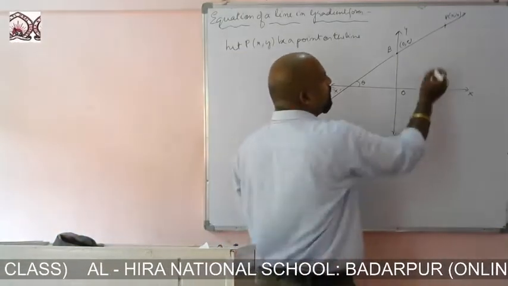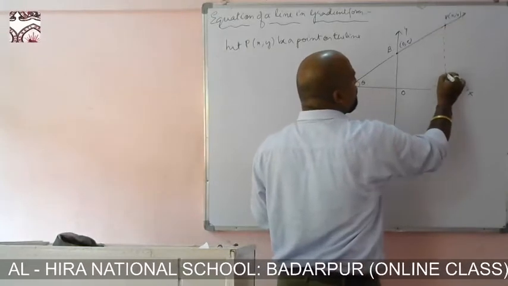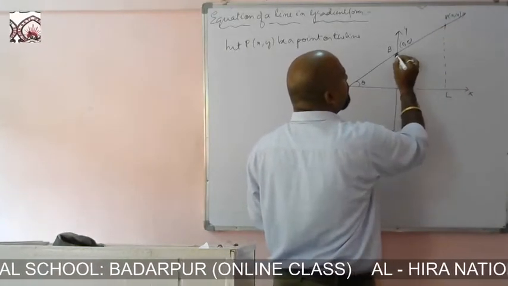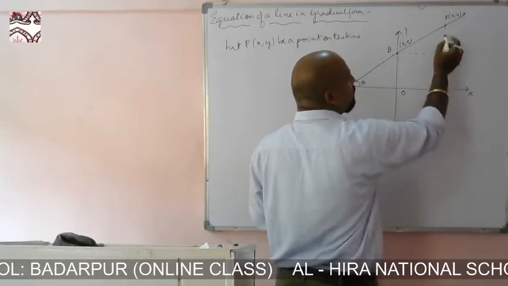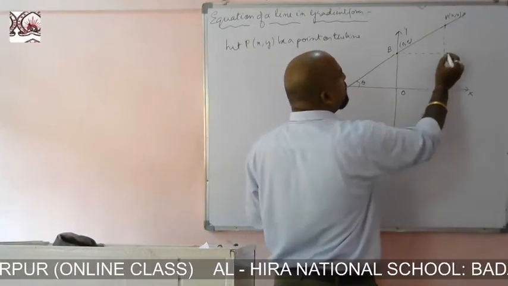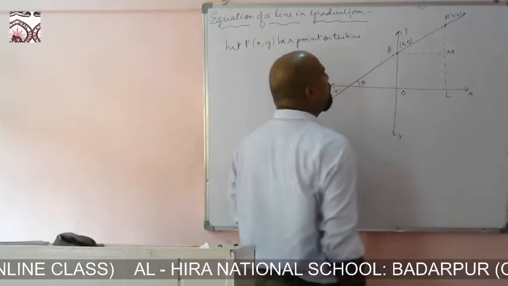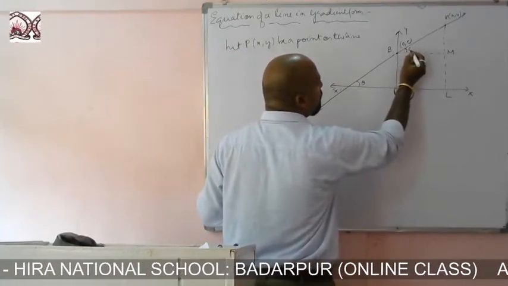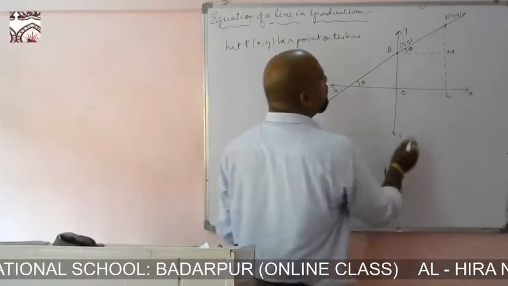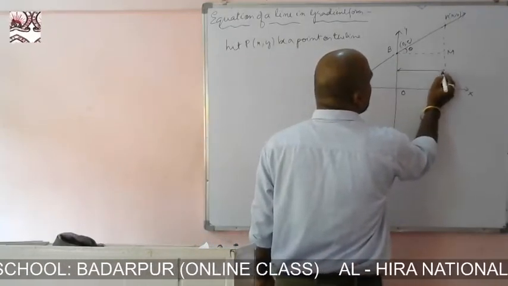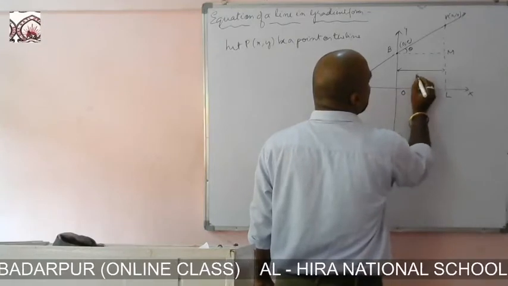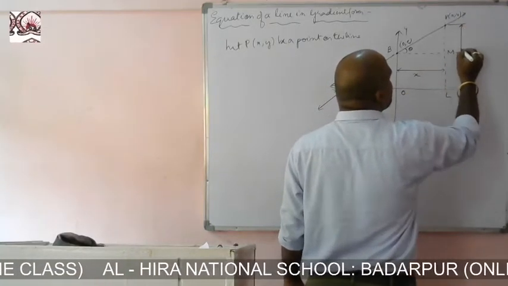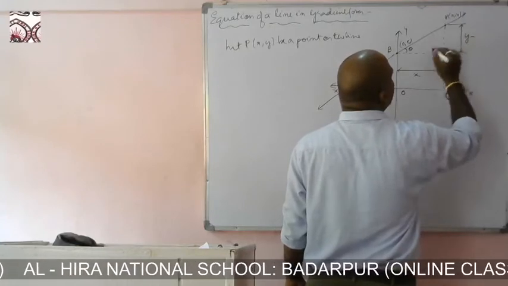Now let us draw a perpendicular to the x-axis, this is L. From the point B, let us draw another perpendicular to PL, this is M. Now if this angle is theta, so this angle also forms theta. Now what will be the distance? The value of x minus 0, this distance will be x, and from here to here, this distance is equal to y minus c.